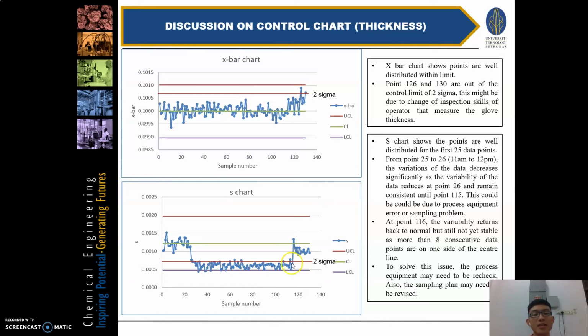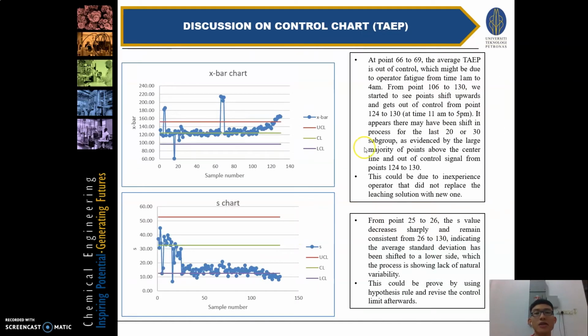After this, we can see that from 115 to 116 the variability returns to normal, but it is still not that stable because there are 8 consecutive data points on one side of the center line. So these issues on both sides have to be solved by rechecking the process equipment or revising the sampling plan.